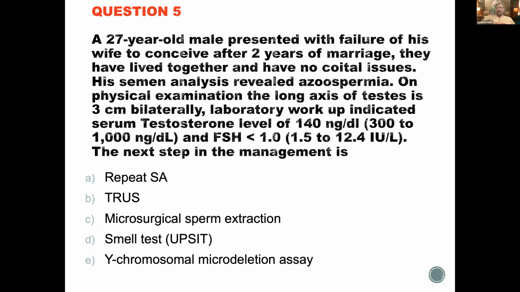Please vote now. Please read the question from my slides and not from the poll, because the poll has a certain limitation in terms of number of words.